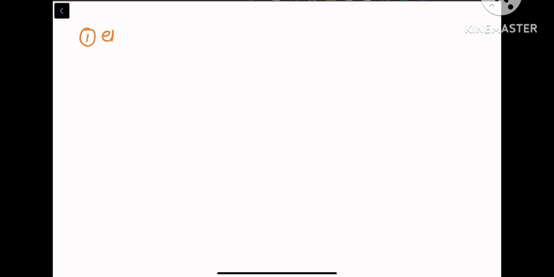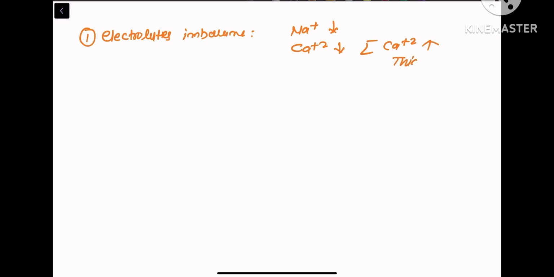First we have the electrolyte imbalance. Sodium will decrease in the blood, calcium will decrease, but the exception is that it increases with thiazides. What kind of transporter inhibitor? Sodium chloride symporter. Okay.